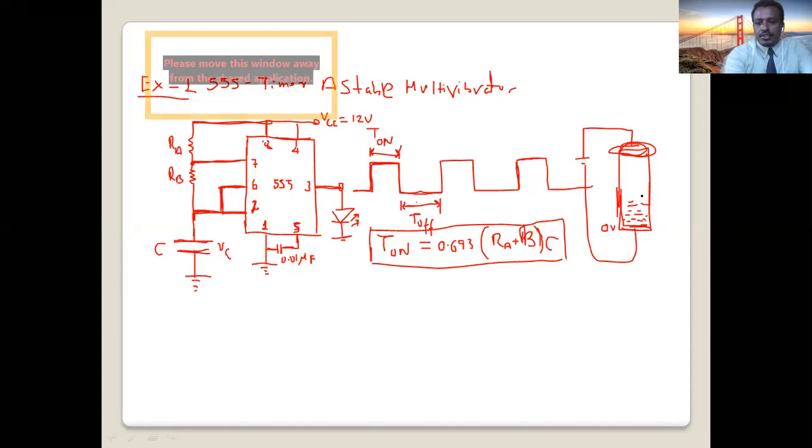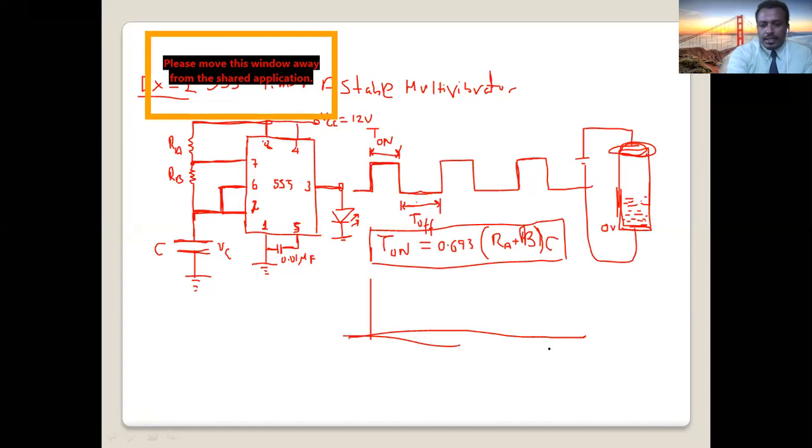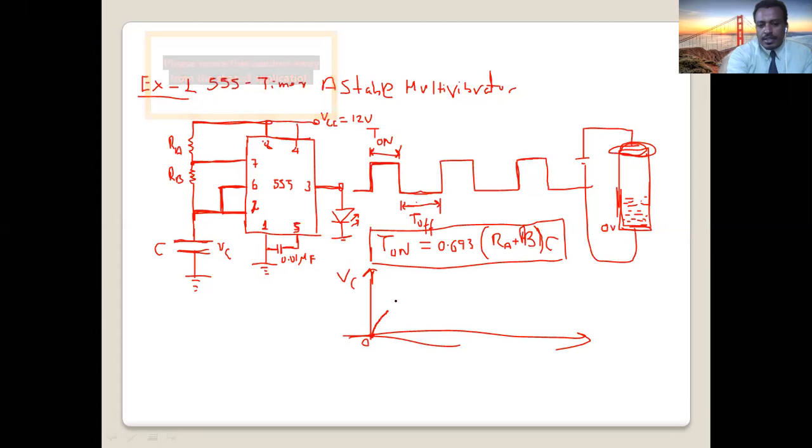Okay, charge stores in the capacitor. How much is now the capacitor charging? What will be the voltage across the capacitor? If you plot the voltage across the capacitor, VC, this is VC. Initially it was 0, then starts to increase. This is exponential.